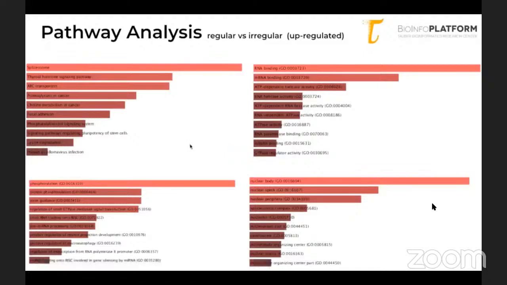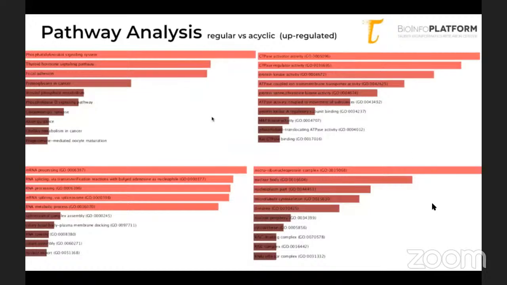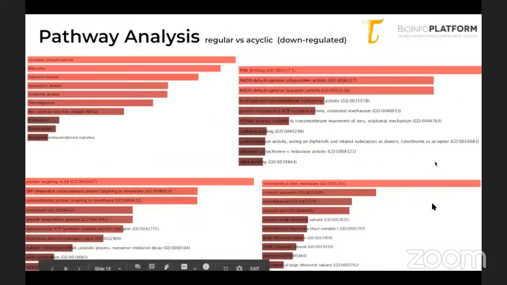And so through the pathway analysis on Enrichr, here is the visualization of the expression of the pathways, in which over here we could see it relates to immune function, and over here is increased neurodegeneration related to mitochondrial dysfunction and oxidative stress. Same thing over here for regular versus acyclic: a heightened immune response and a higher neurodegeneration linked to mitochondrial stress.